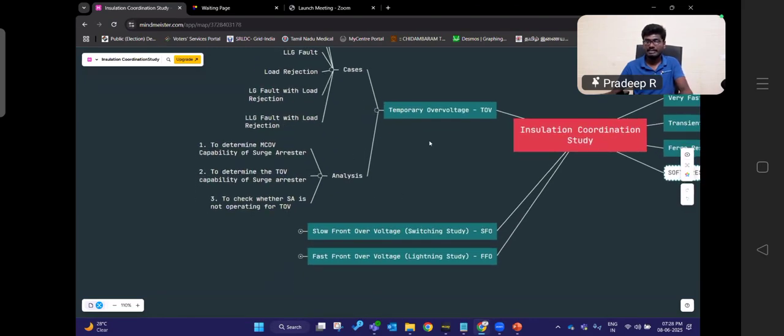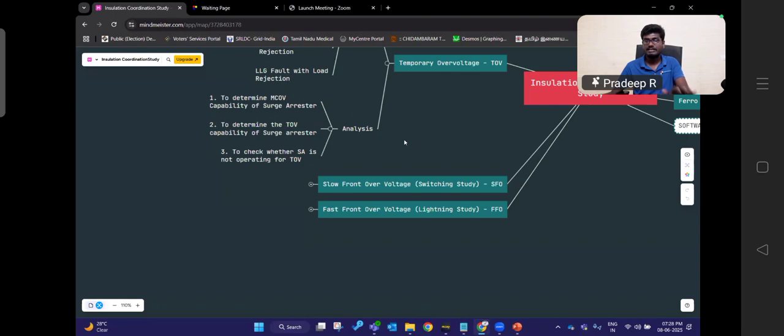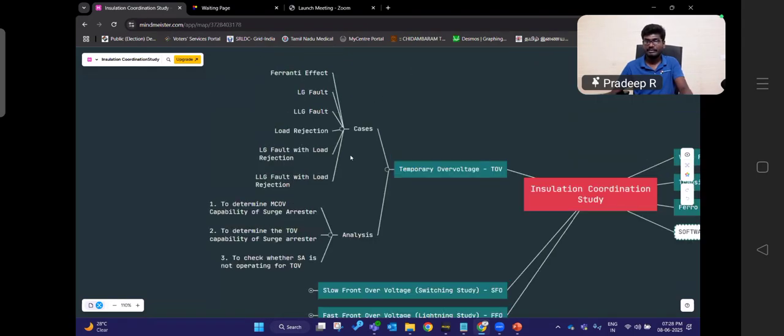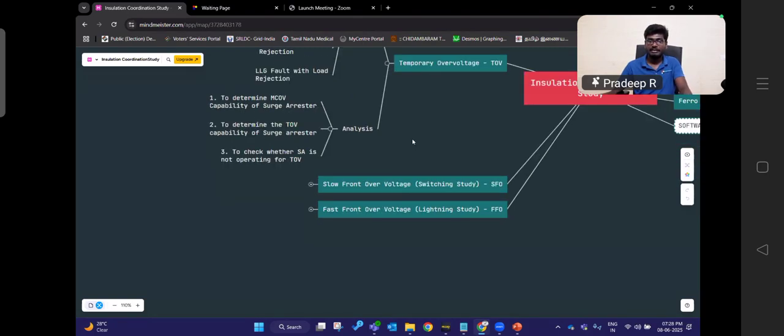If your surge arrestor starts to act continuously, as we saw previously when selecting the surge arrestor rating for these voltages, we cannot predict it, right? It can occur whenever in our circuit, so in that case it should not operate.